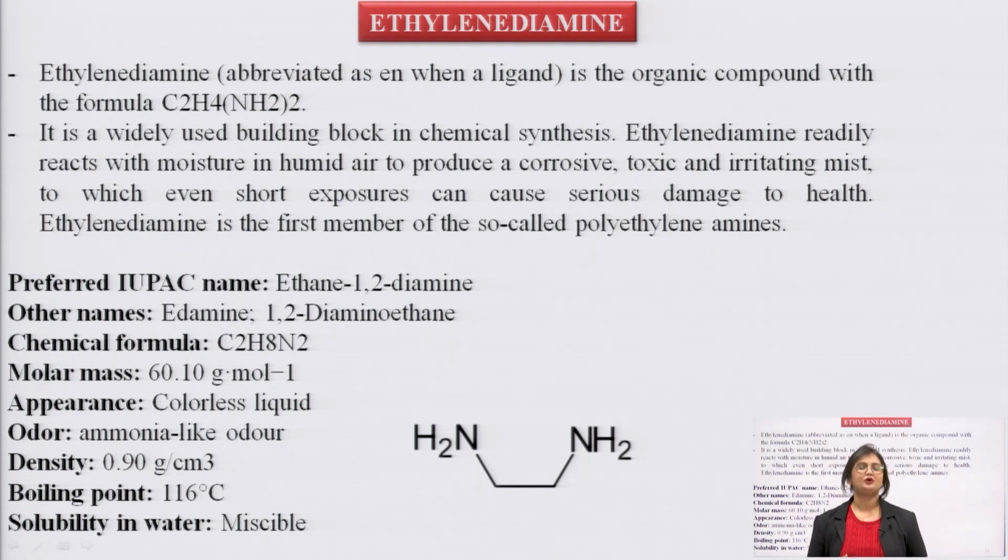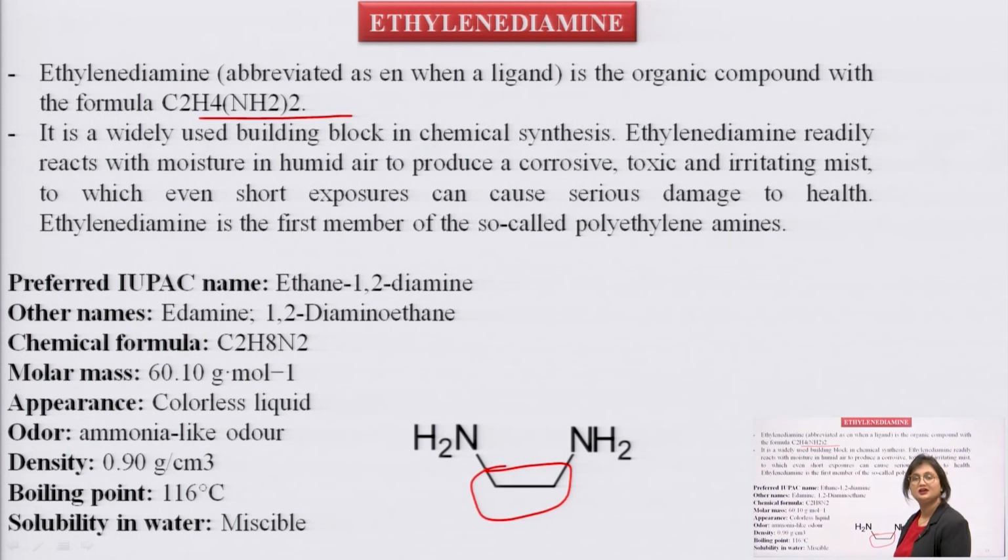Next, the next important amine derivative is ethylene diamine. Ethylene diamine is the organic compound with the formula C2H4NH2 twice. So, this consists of two alkyl groups, which is ethylene, and a diamino group.